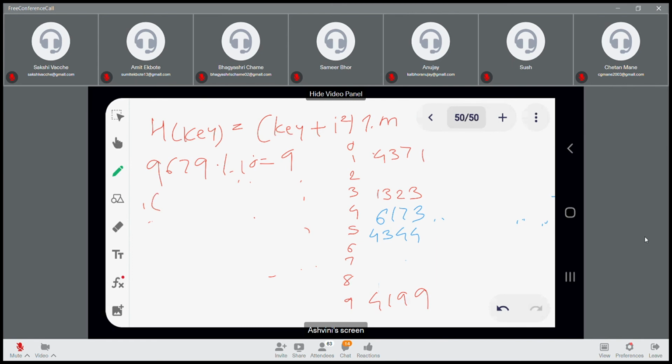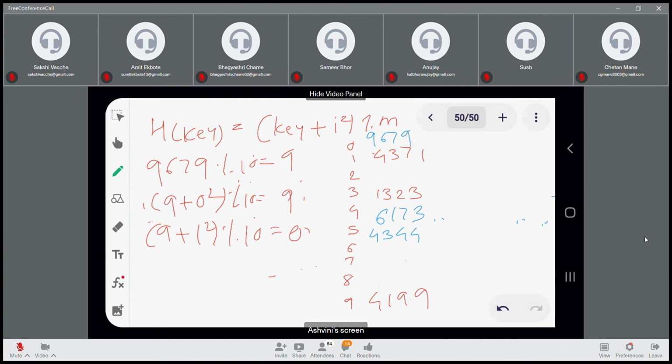So 9 plus 0 square mod 10 is, what is the value? 9. 9 is already occupied. So 9 plus 1 square mod 10 is equal to 0. Correct. So we can place 9679 at index 0. Got this?